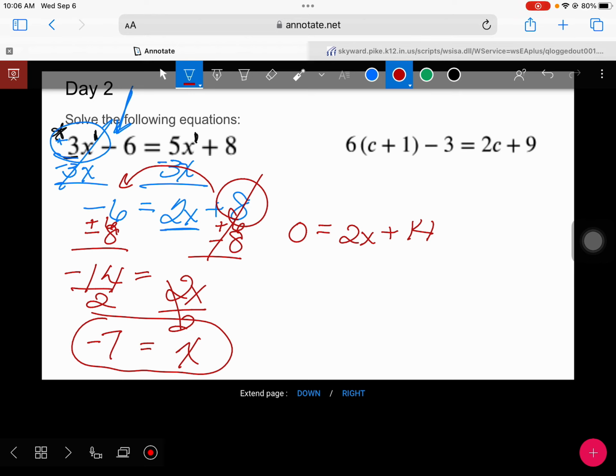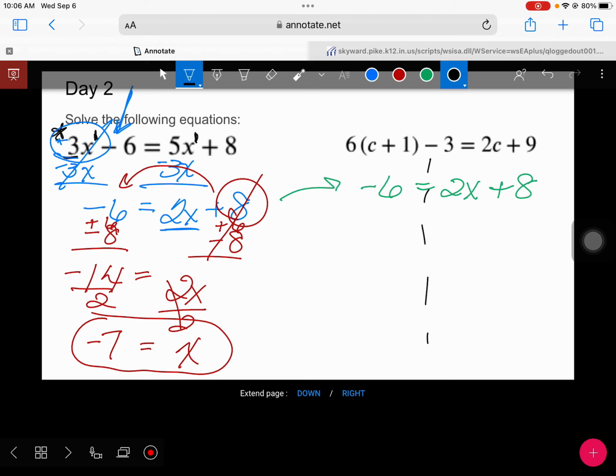Okay, so let me just show, as I understand what you're saying. If I have negative 6 equals 2x plus 8, you're saying, why don't you add 6 to both sides? So if I add 6 here and I add 6 here, it does cancel out.